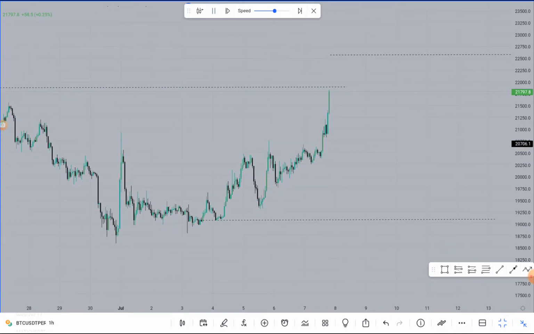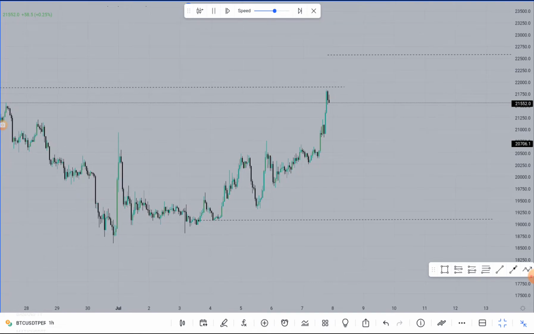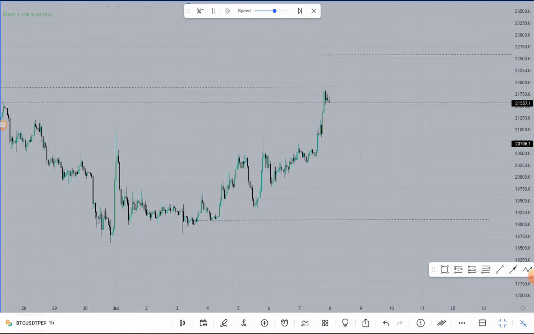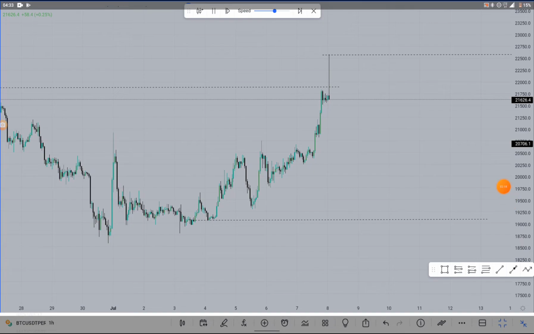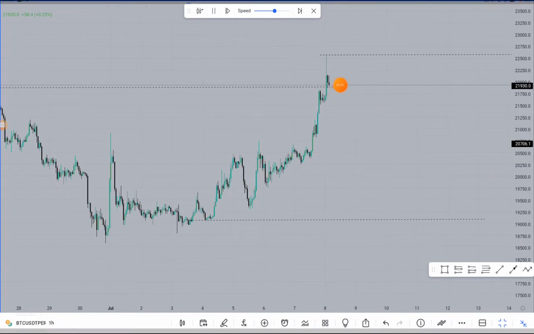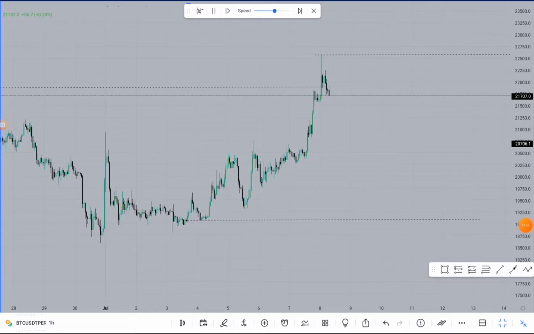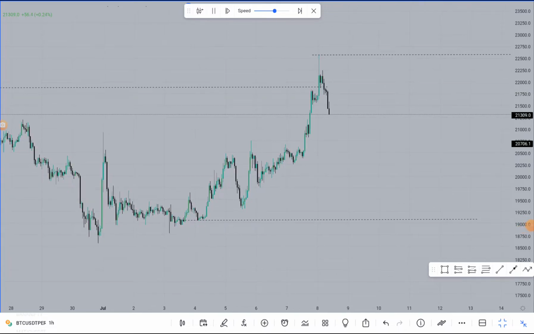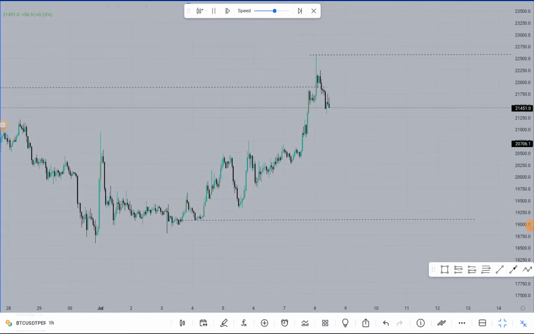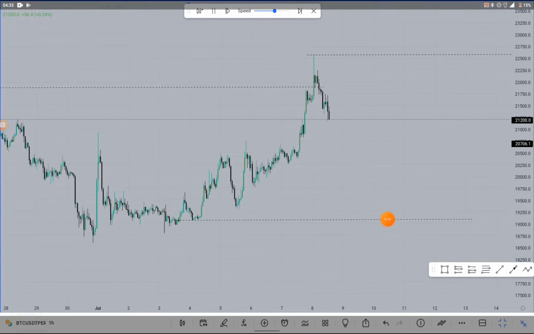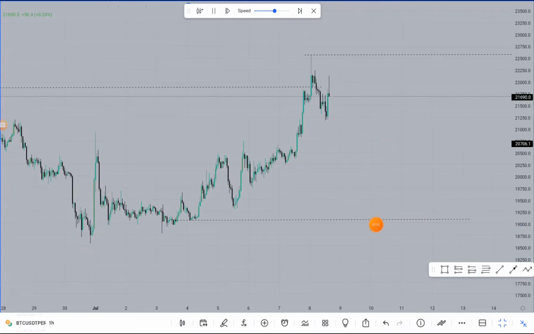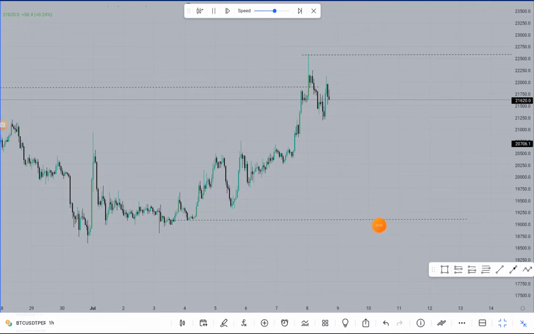Now we'll watch price move. Yeah, price is moving here. Remember, these are supports. I want to buy when price gets to the support.